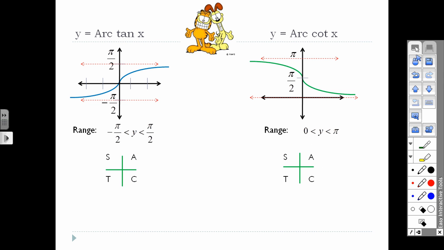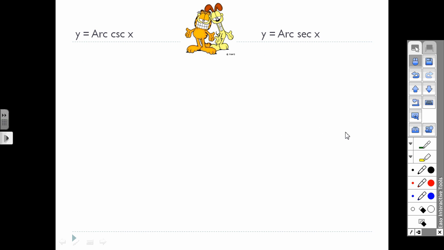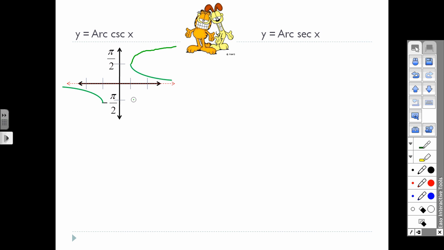Let's take a look at secant and cosecant. All right, actually we'll do cosecant first. So arc cosecant, I know this looks really weird. Here is one asymptote that we have going through the graph, and you can imagine that if I continued on, it would be that other half of the branch that kind of looks like a parabola, right?